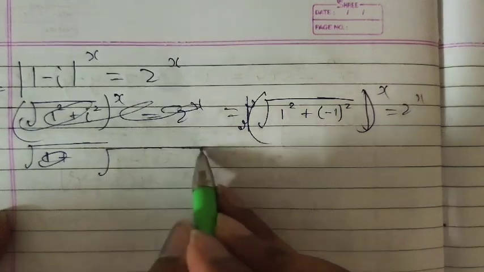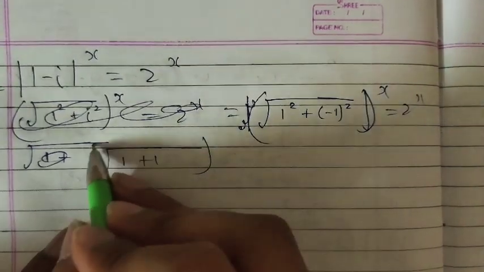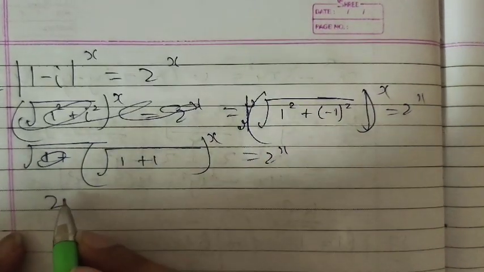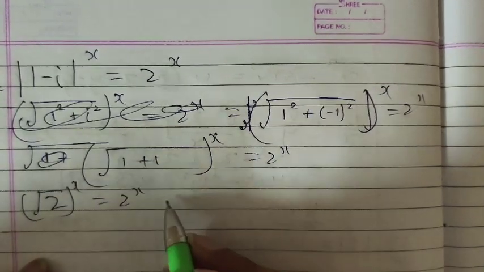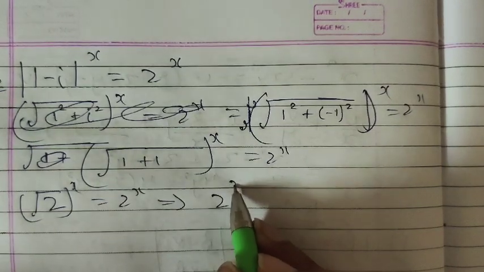So square root of 1 square is 1 plus 1, whole power x is equal to 2 raised to power x. So root 2 raised to the power x is equal to 2 raised to power x, right? So this implies 2 raised to power x by 2.